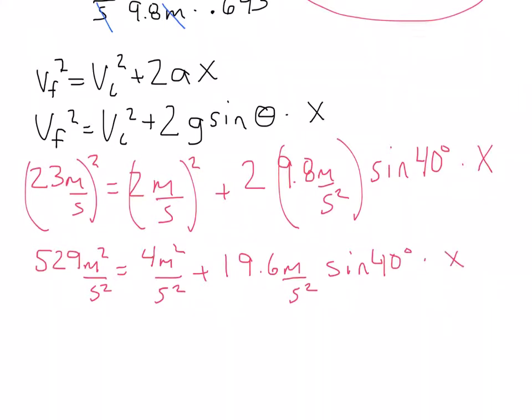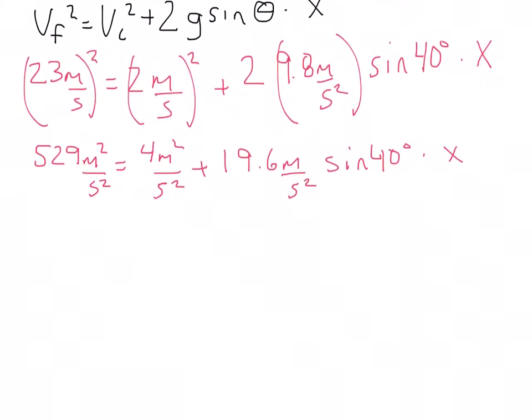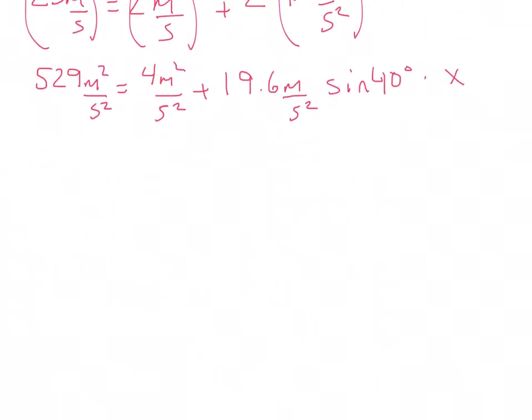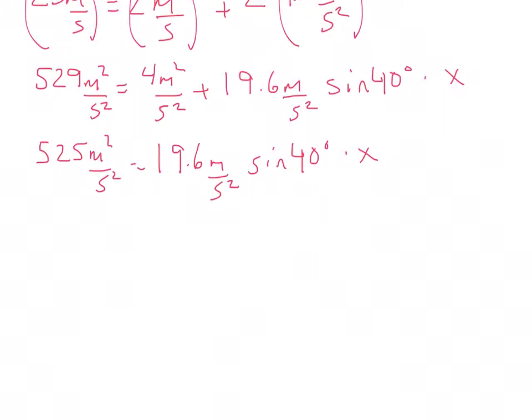So I'm going to subtract the 4 meters squared over second squared, and that'll give us 525 meters squared over second squared equal to 19.6 meters per second squared times the sine of 40 degrees times x. Next, I'm going to divide all of this over here.